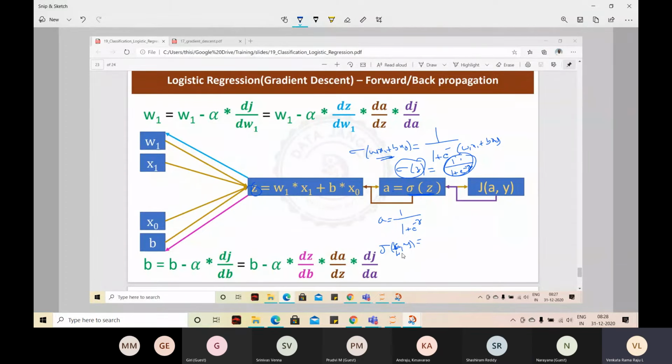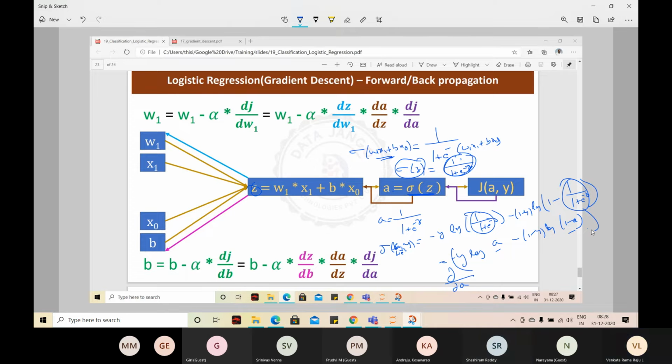Instead of a, if you put 1 by 1 plus e power minus z, it is going to be minus y log (1 by 1 plus e power minus z) minus (1 minus y) log (1 minus 1 by 1 plus e power minus z). Instead of this whole thing, I am putting a: minus y log a minus (1 minus y) log (1 minus a). So when it is in terms of a, you take the derivative with respect to a of this whole thing. It becomes easy.